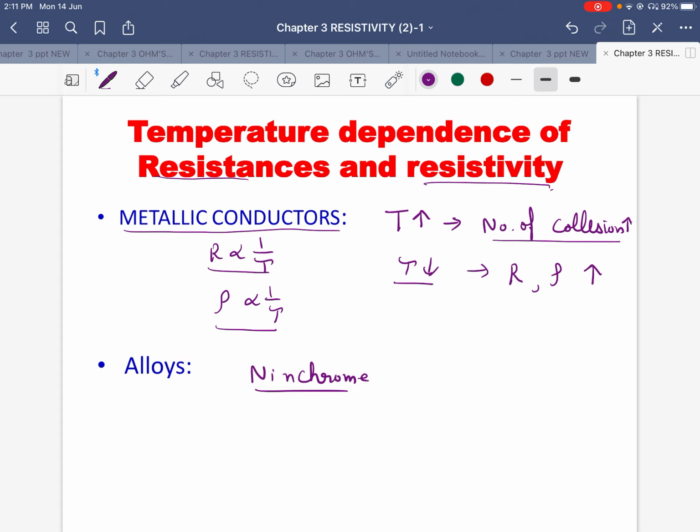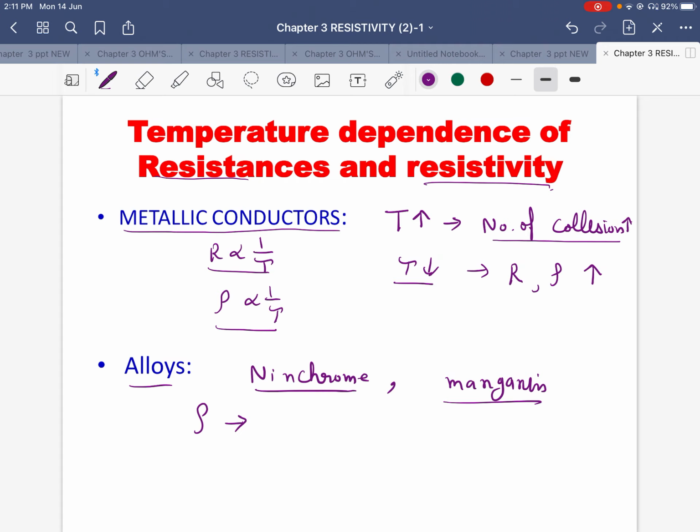That is the resistivity of these materials. Second example we can take here is manganese. Resistivity of these materials is almost independent of change in temperature.